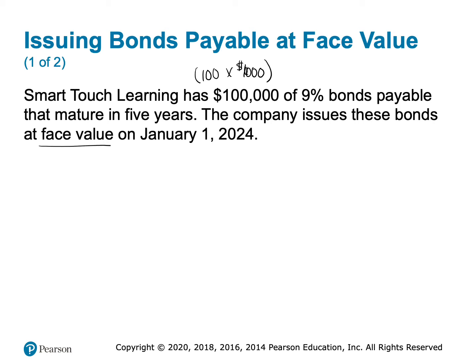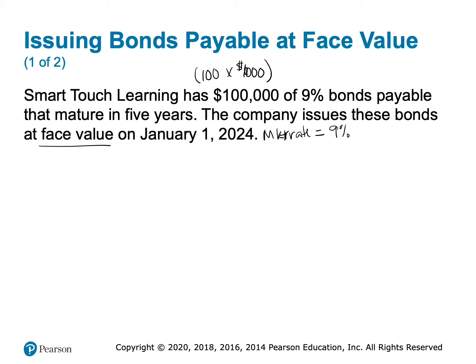So what we know about this, and you want to jot this in your notes, is that we know that the market rate is equal to 9%. We know that the investors looked at that and they said 9% is exactly perfect, I'm willing to pay $1,000.